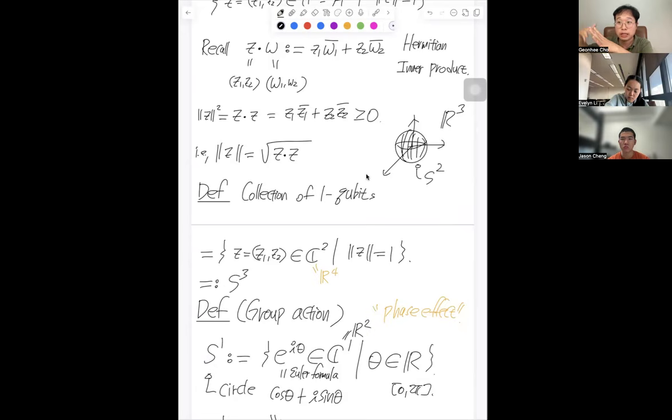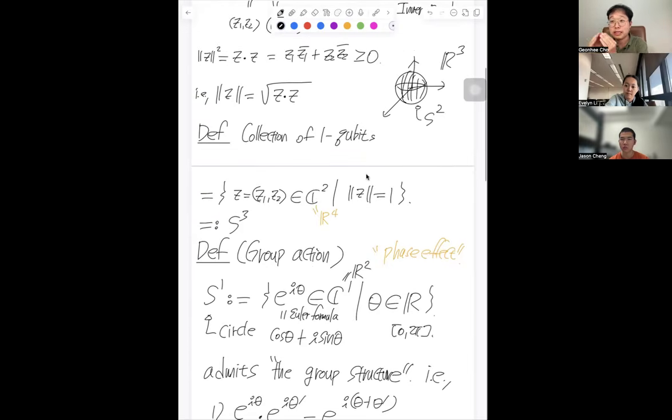Start from one dimension higher, R3, unit vectors, two-dimensional sphere. Up to here, we can really visualize it. But from R4, you can kind of imagine what R4 is, but we cannot really draw it rigorously. Still, we can collect the unit vectors. Are you with me? Unit vectors. Then we call it the three-dimensional sphere. That's why we denote this by S3. Is that okay with you up to here?